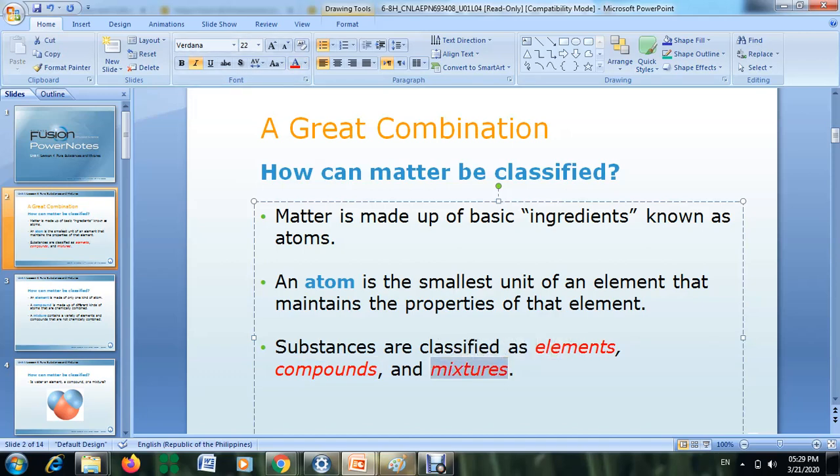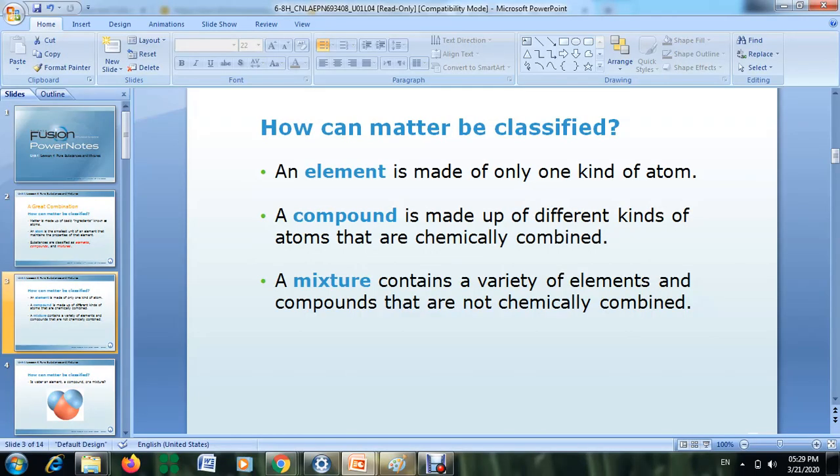In this lesson we care more about mixtures, but I want to make a review of what an element is and what a compound is. So look now at the definition for each one of them.